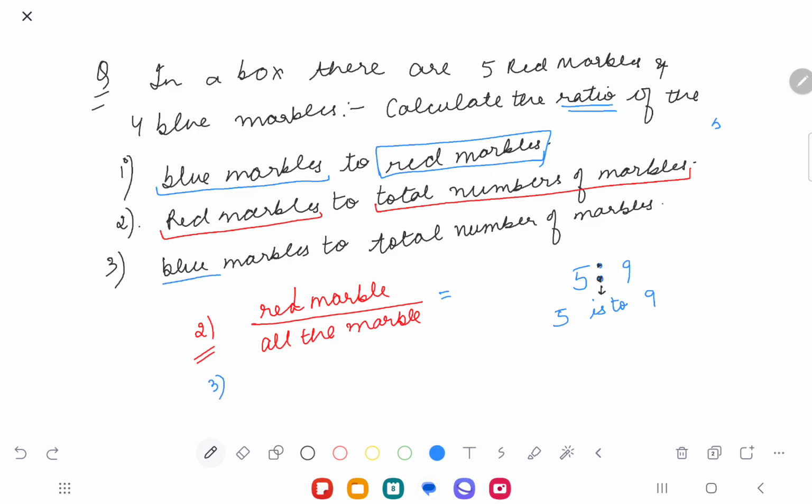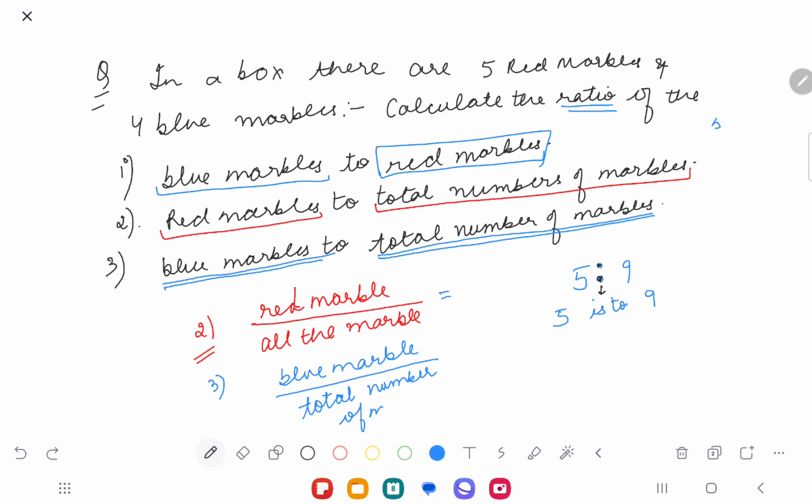Now again you do this, the third part. What does it say? Blue marbles to the total number of marbles. Blue marbles are how many? 4. So I'm going to make a fraction of blue marbles over the total number of marbles. Isn't it, Adam? How many are the blue marbles? 4.